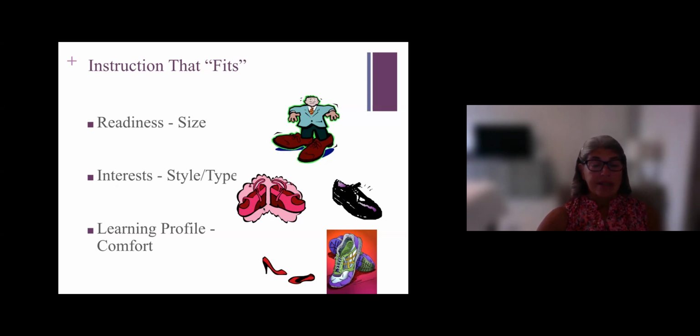You might like one style over another. And we could also change instruction based on learning profile or comfort. And this is, if you're more comfortable wearing sneakers or slippers or whatever you're comfortable wearing, that's like your learning profile. So these are three of the important components of differentiated instruction.